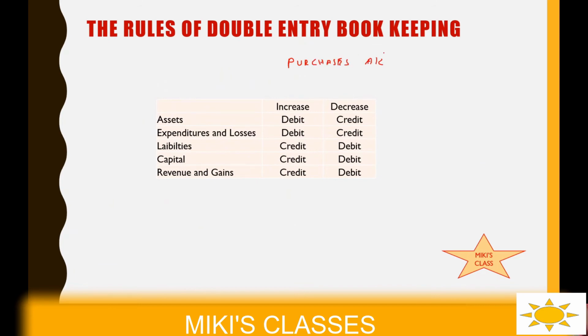Purchases account, we have categorized it as an expense, right? We'll check here expenditures and losses, and our expense has increased because we have to make a payment. So we'll have to debit this account. This is the account which will get debited. Shorthand DR.